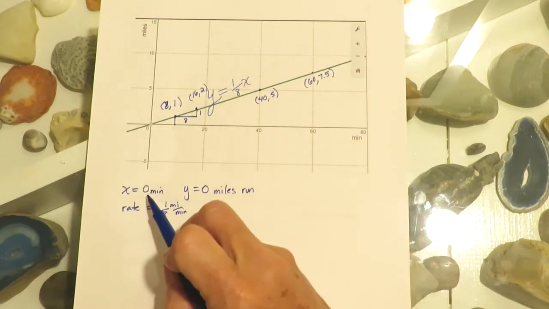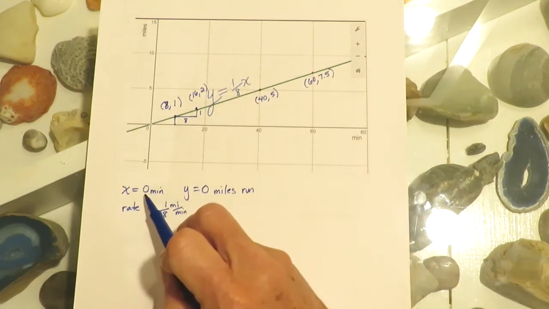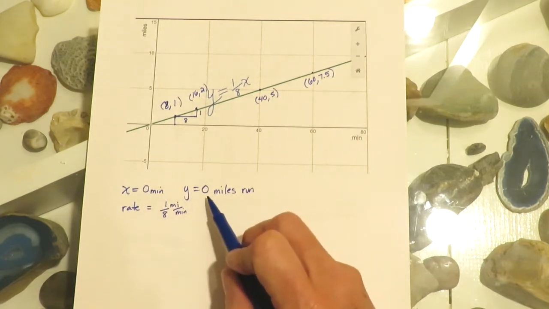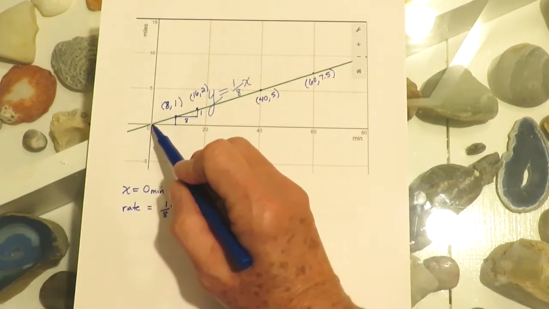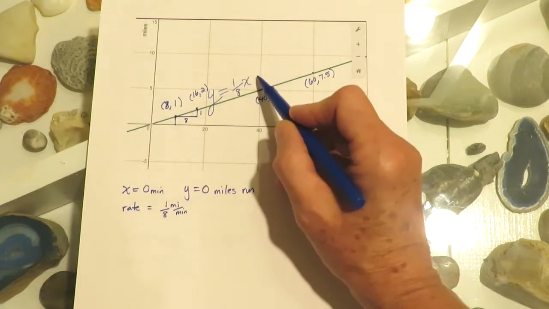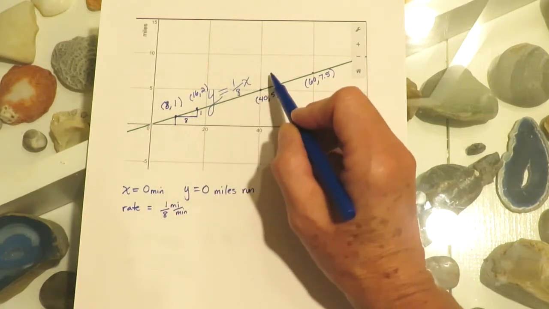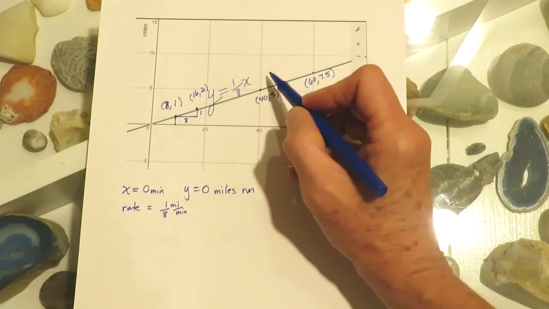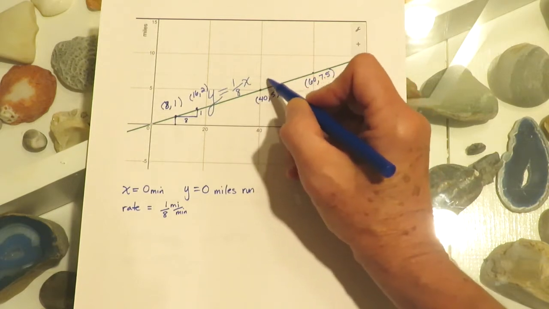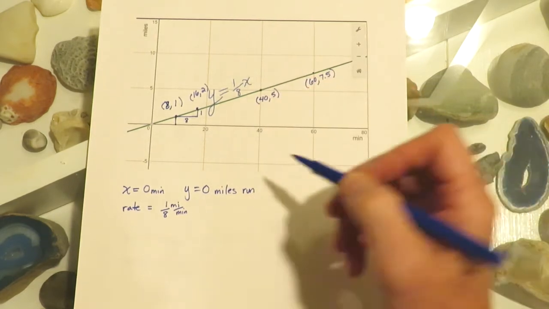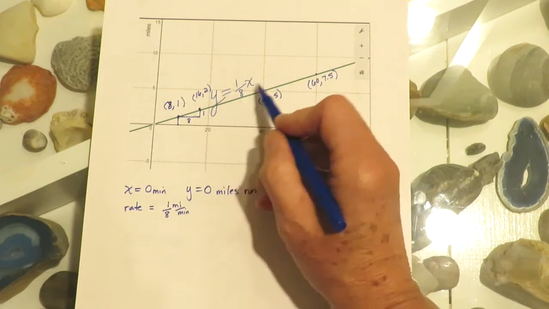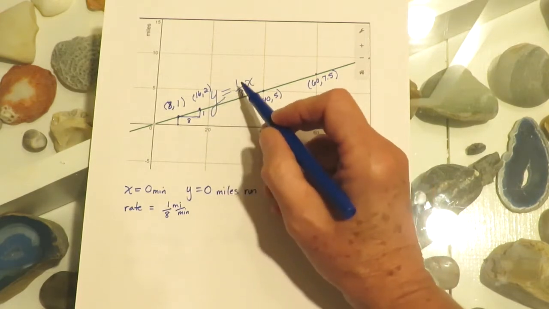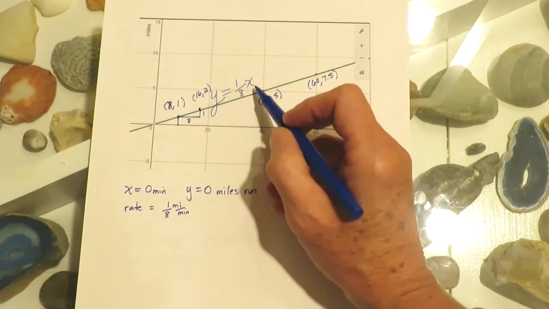So notice my starting point, when I've run 0 minutes, I've gone 0 miles. So I go through the origin in this case. So b does not show up in the formula because b is 0. If you wanted to, you could write plus 0, but you really wouldn't have to, so we might as well just leave the equation simplified as y equals 1/8 times x.